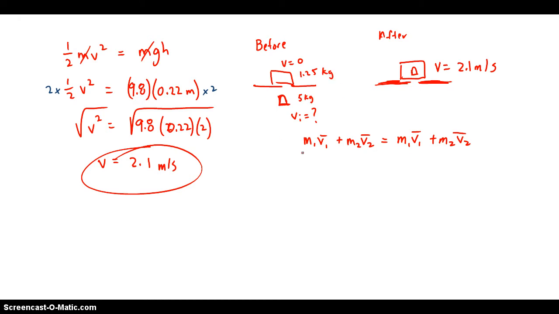So let's take our bullet speed to be V1. 5 kilograms times some initial velocity, that's what we're trying to find. The block is at rest initially. Afterwards, both the block and the bullet are moving at this speed of 2.1 meters per second.